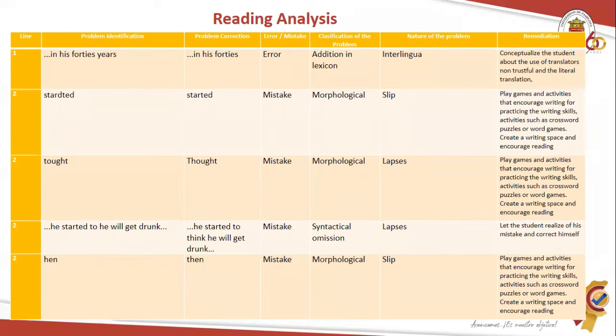Here we can find a mistake, and this is a syntactical omission because, as I think it could be in a good way, "he started to think he will drunk." Maybe he was, as I said before, typing fast and he forgot this word. An easy way of doing a remediation is just to let the student realize his mistake and correct himself.